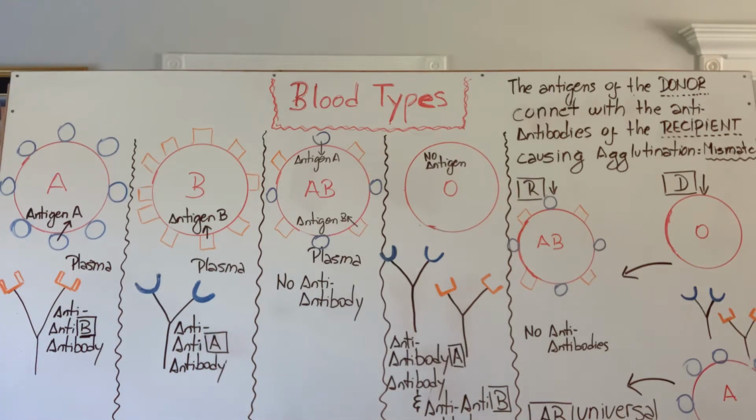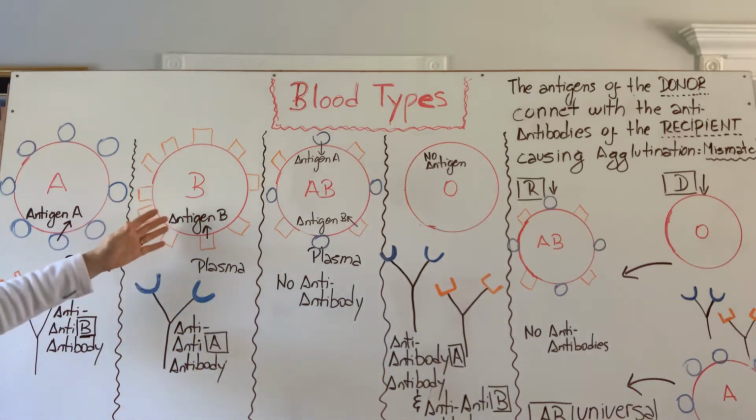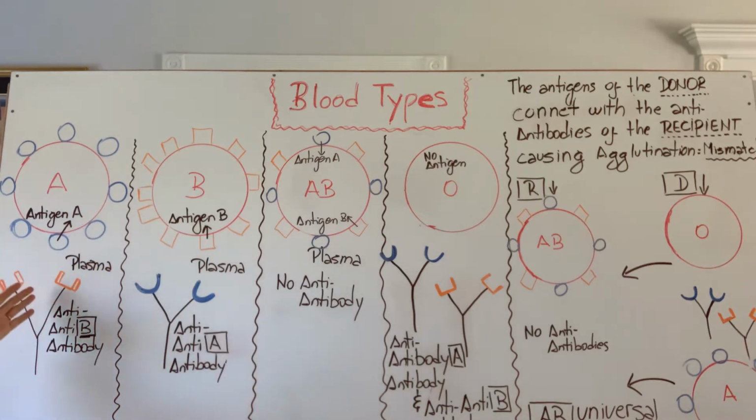In other words, if we want to transfuse B blood into A blood, something is not matching, but I will explain later on.